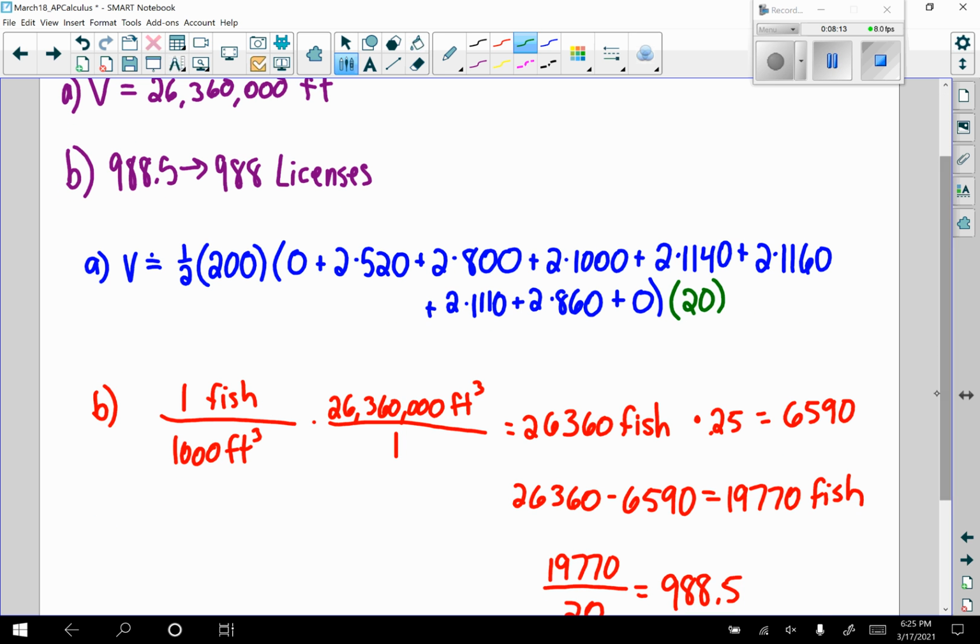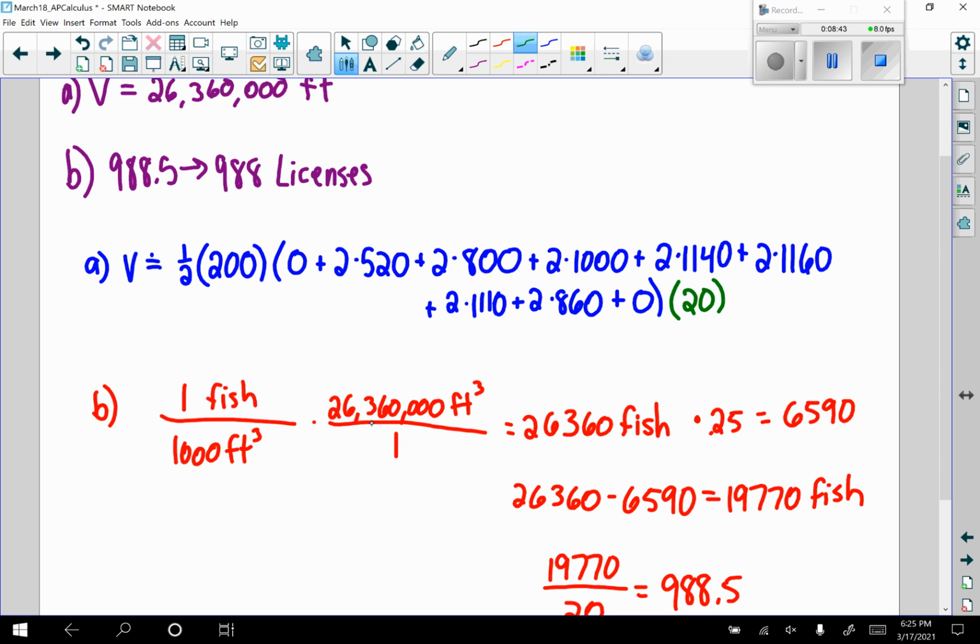Now part B, you plan to start the season with 1 fish per 1,000 cubic feet. So that's why I have 1 fish per 1,000 cubic feet. You intend to have at least 25% of the opening day's fish population left at the end of the season. What is the maximum number of licenses the town can sell if the average seasonal catch is 20 fish per license? So we're going to take this 1 fish per 1,000 cubic feet, and then we want to apply it to the entire volume that's here.